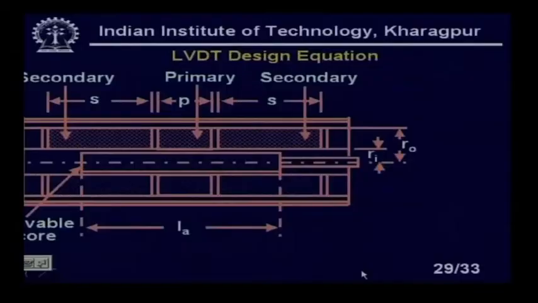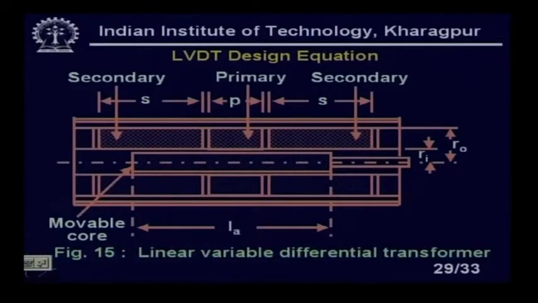Now, how to design this LVDT? You must see this schematic of our LVDT. This is the primary winding, because it is basically a cylinder sort of thing, with this iron core. This coil is the primary, and there are two identical secondaries.